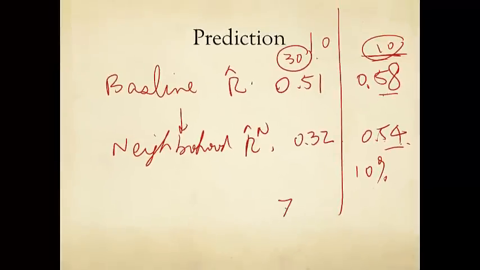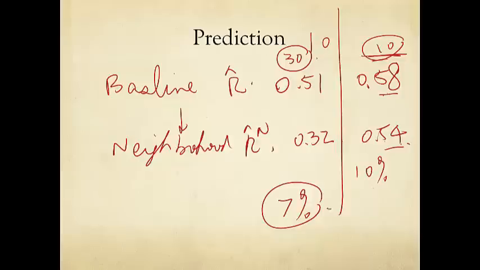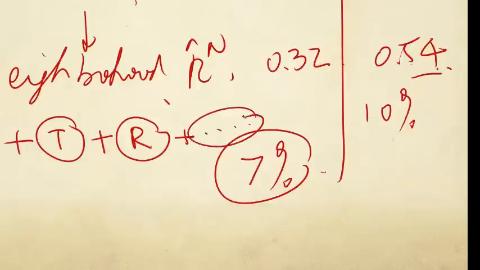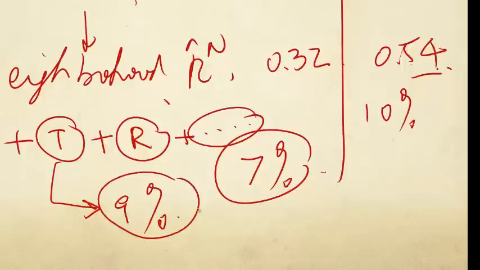This represents a 7% enhancement by the neighborhood method over the baseline method. And it turns out that if you use the neighborhood method plus temporal dynamics plus the regularization idea of least squares plus a couple of other tricks, you can easily get to almost 9%, meaning you can actually win the first year of progress prize and more of enhancement over Cinematch.